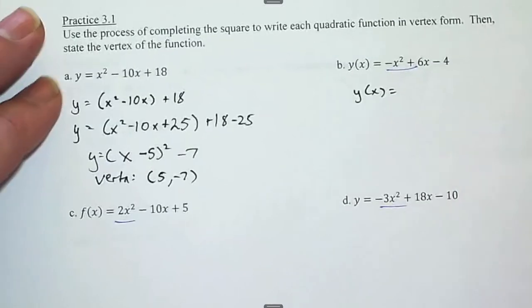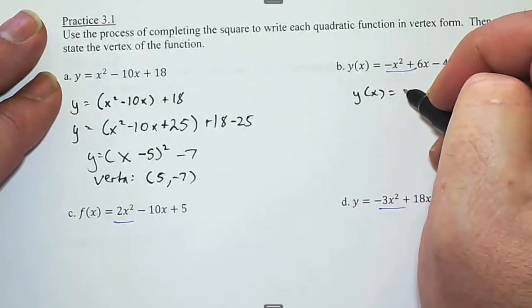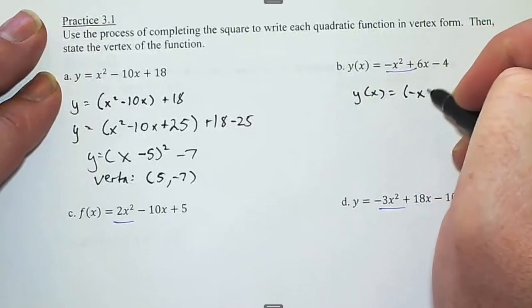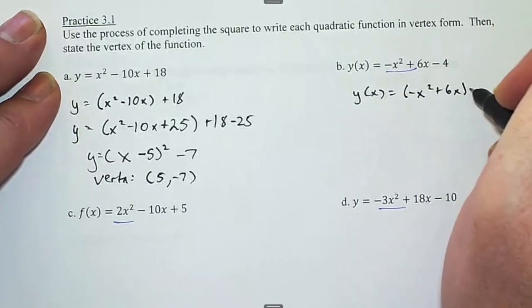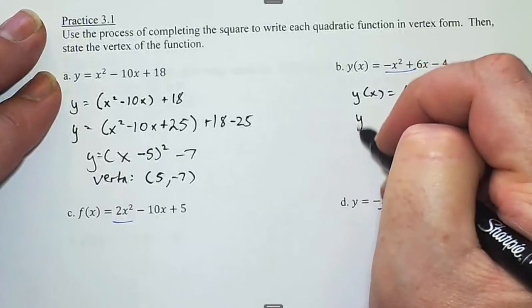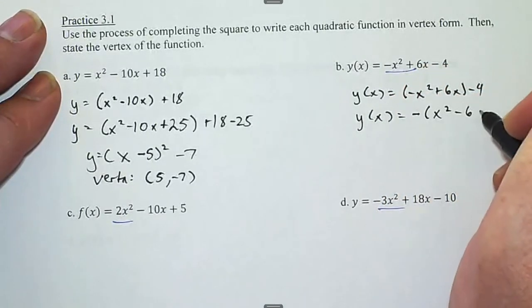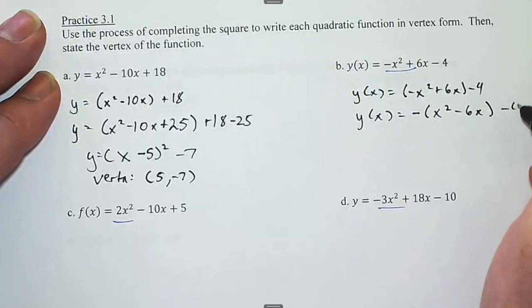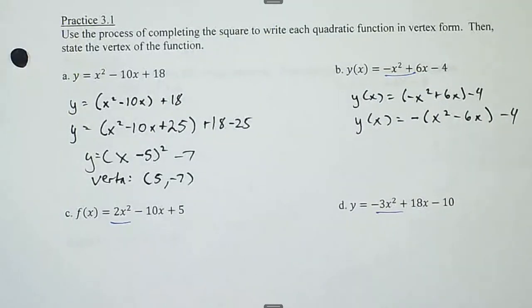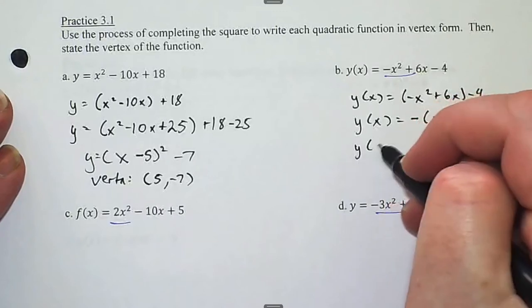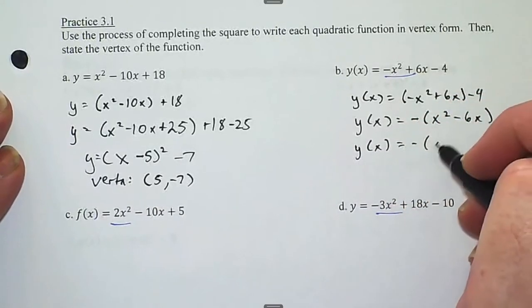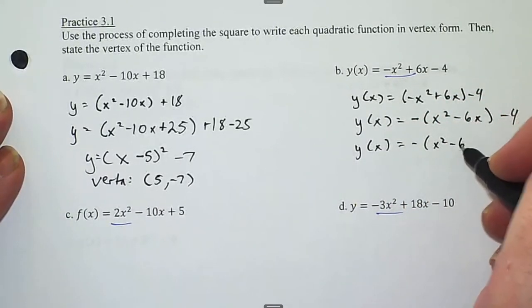Y of x. Can't have a negative there, so I'm going to have to factor that out. I'll factor out the negative. And that switches the signs inside. Then I'll take half of 6 and square it.